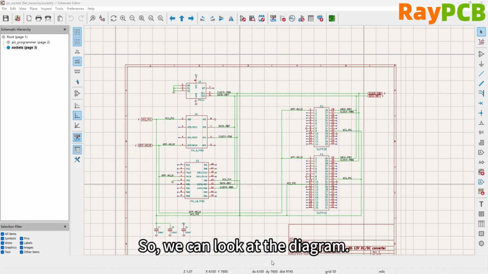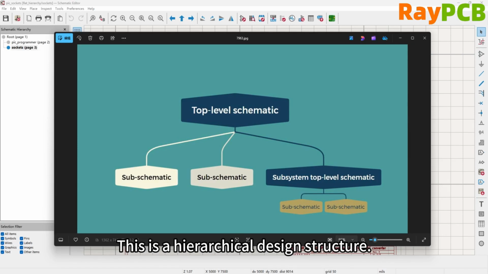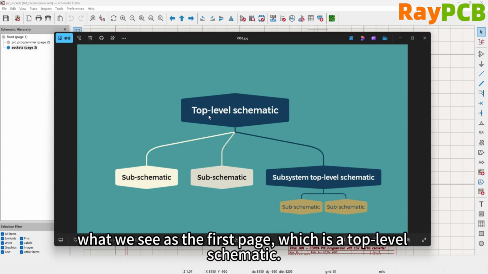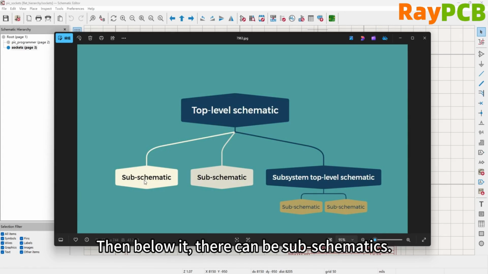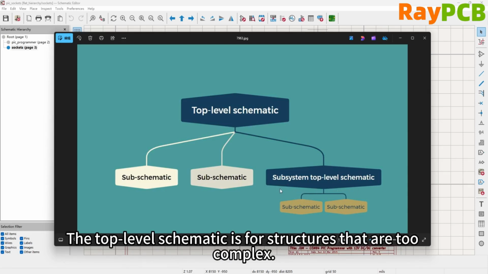Now, let's look at the diagram. Flat design is much simpler, so we don't have a diagram for it, it's just different pages. This is what a hierarchical design structure looks like. At the very top, what we see is the first page, which is the top level schematic. Below that, there can be sub-schematics, and those sub-schematics might also have their own subsystem top level schematics.